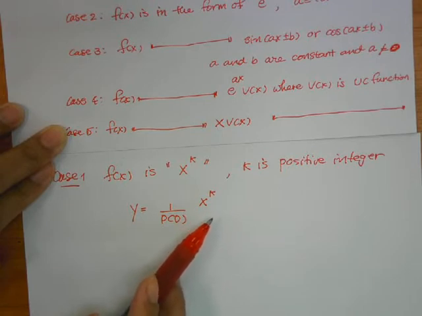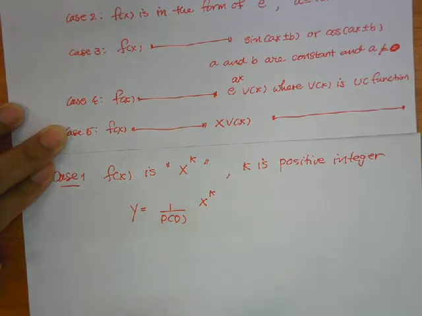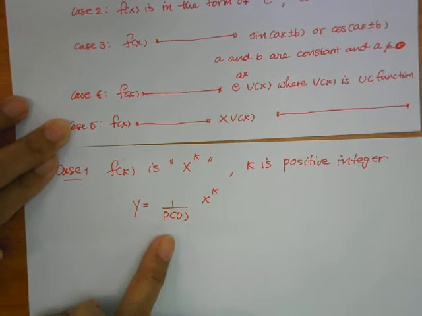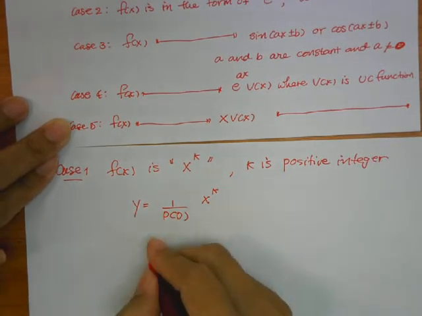It's a power function of x. You have to write down the term of 1 over P(D) in this form.